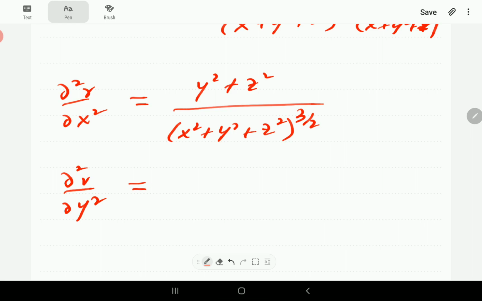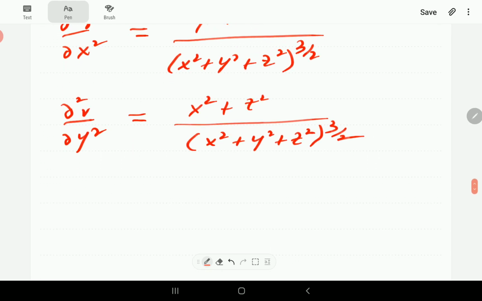Similarly, here we are not going to have the x term in the numerator, so we're using that symmetry property.